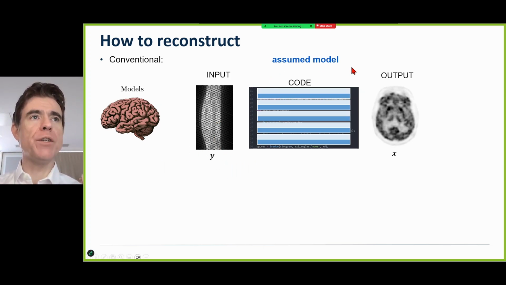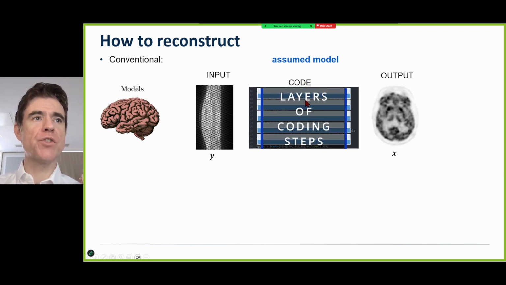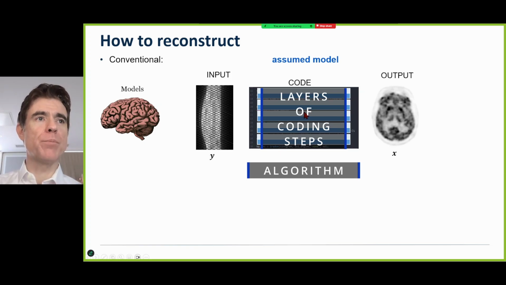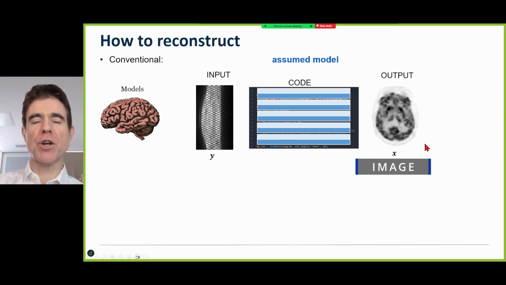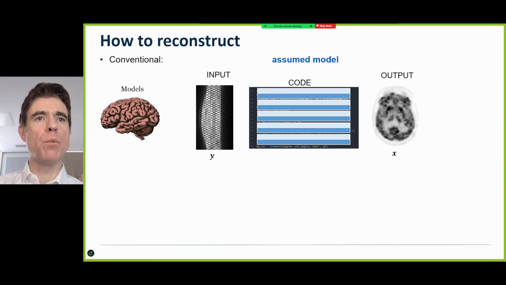And then using our assumed model, we have some series of coding steps in our algorithm. I'm, by analogy, comparing this to steps in some kind of deep network where we have hardwired the code to take this input data using our assumed model to deliver some output image. That's the kind of conventional approach to reconstruction, the assumption of a model.